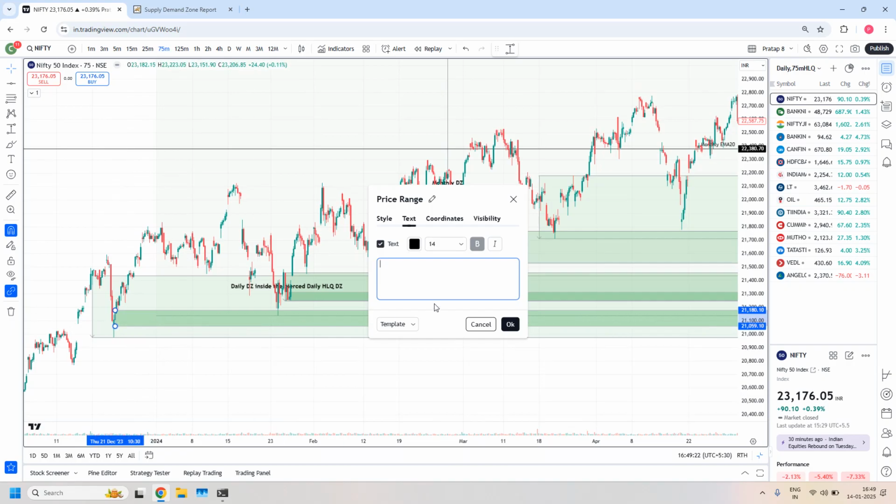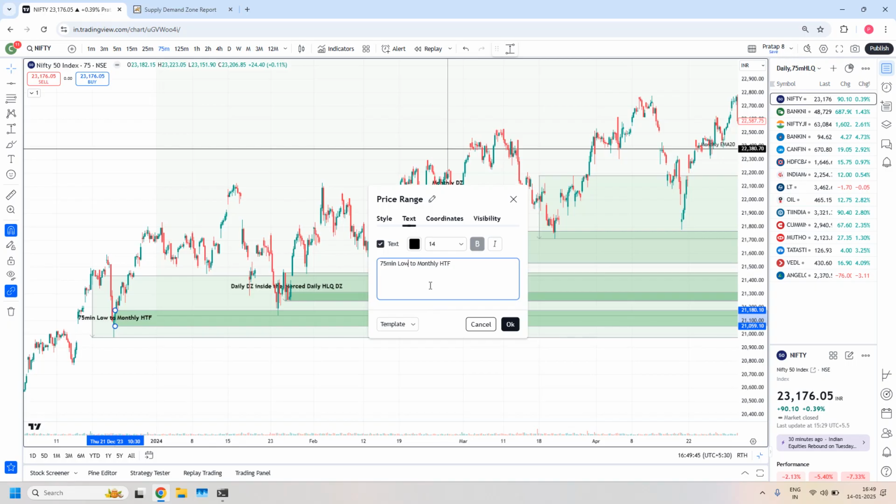Let me add a text so that you don't forget. 75 minutes LTF to monthly HTF. Here LTF means lower time frame. Actually, we should not use LTF.